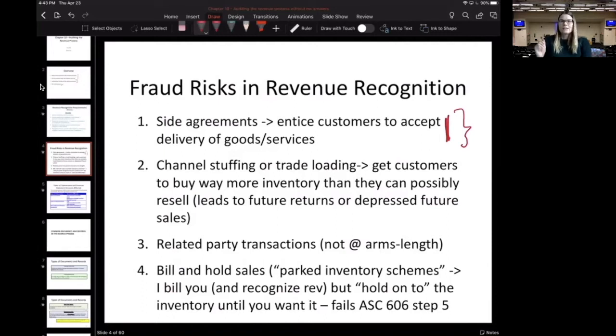Okay, so then next we have channel stuffing, which is pretty similar. Channel stuffing is specifically me trying to get my customers to buy as much as possible. And generally when we say stuffing, it's more than they need and more than they can possibly use, right?